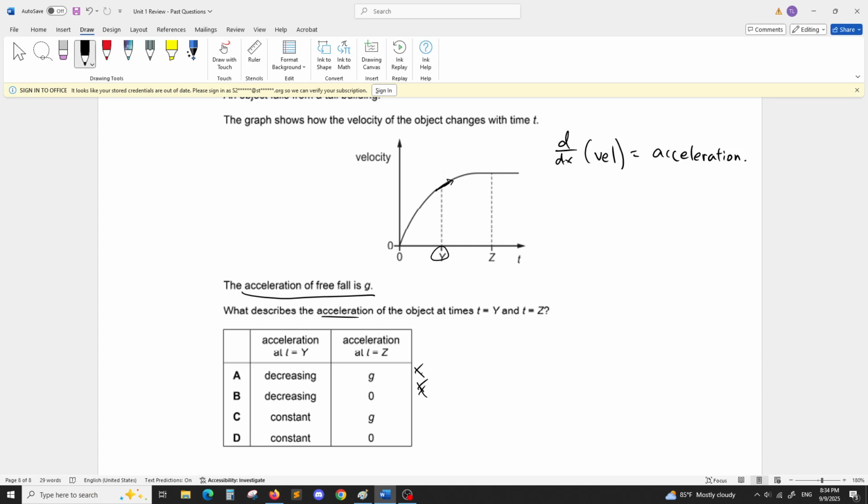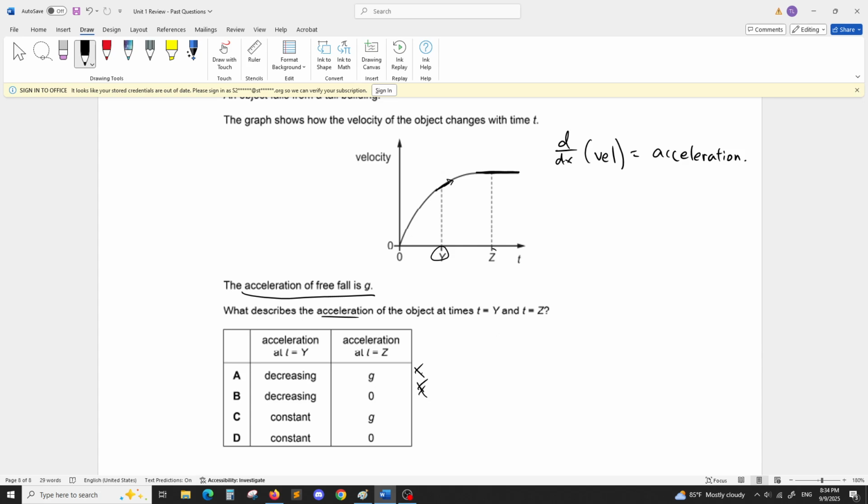Remember that. And then at z, t equals z, our slope is going to be 0. This is because of air resistance. Although the force of gravity never changes, there is still an opposing force of air resistance that eventually slows your acceleration down to 0.